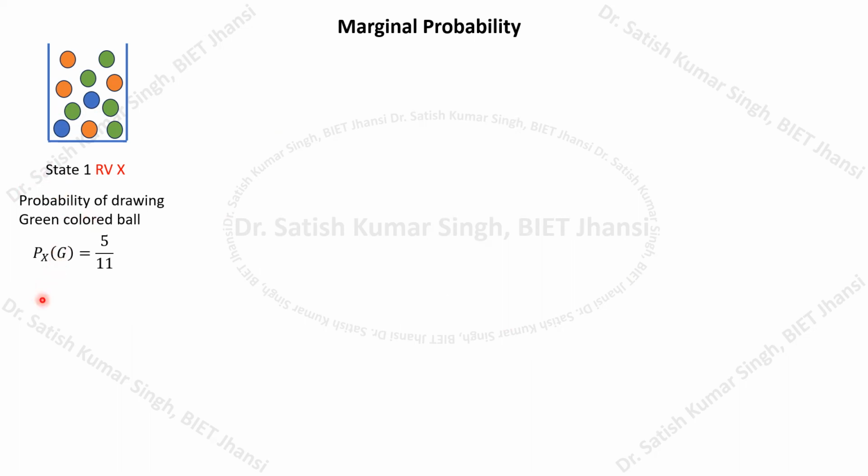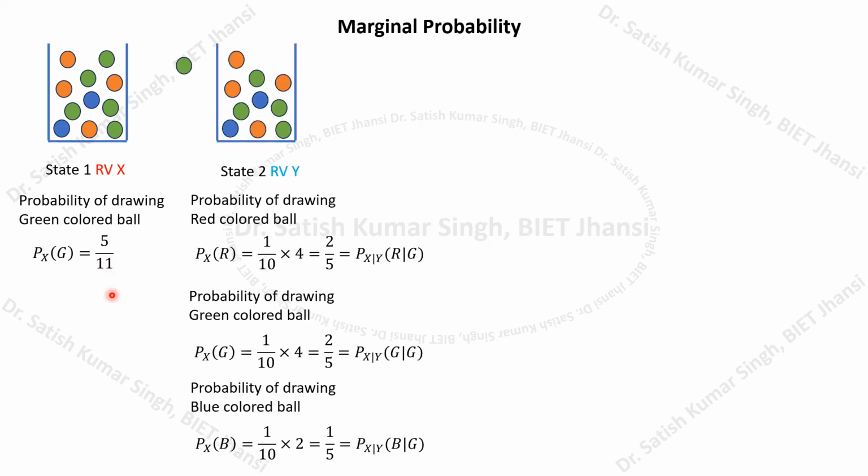We know that the probability of drawing the green ball will be 5 by 11. Now suppose we have this second case. We have already drawn the green ball and have not replaced this ball into the container. So if we want to calculate the probability of drawing the red colored ball, green colored ball, or blue colored ball, then we can have all these conditional probabilities.